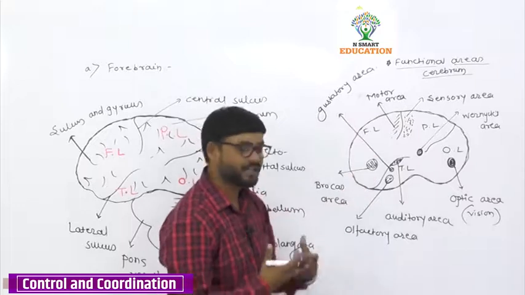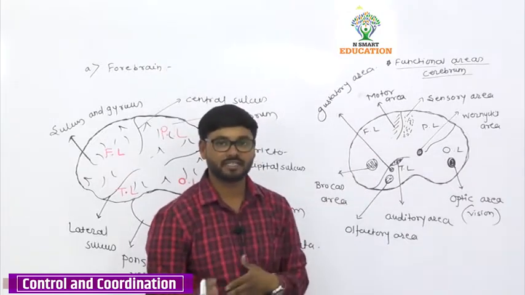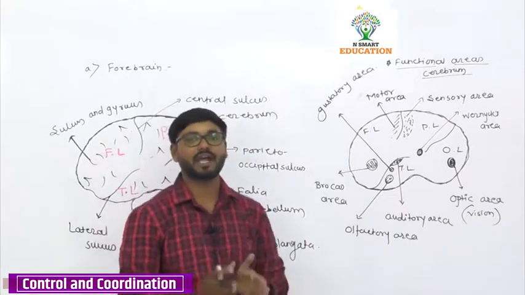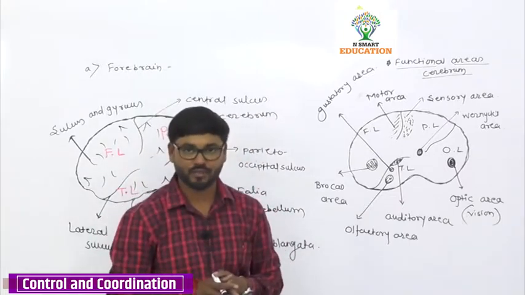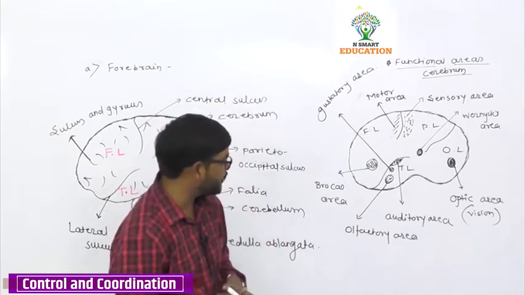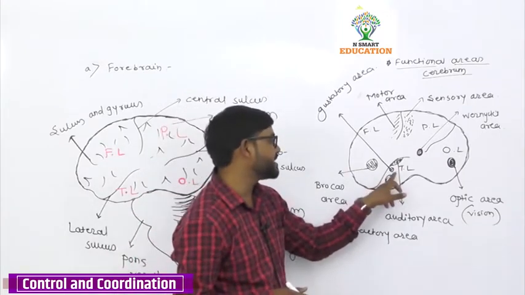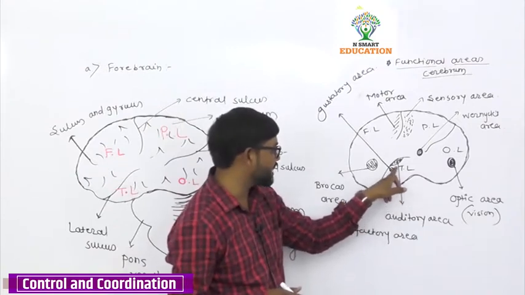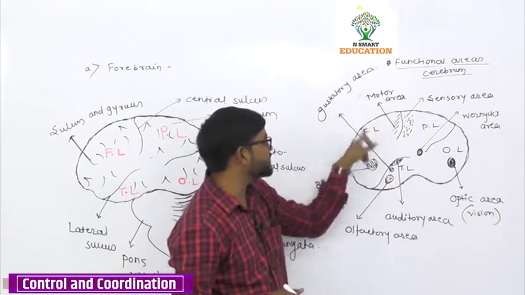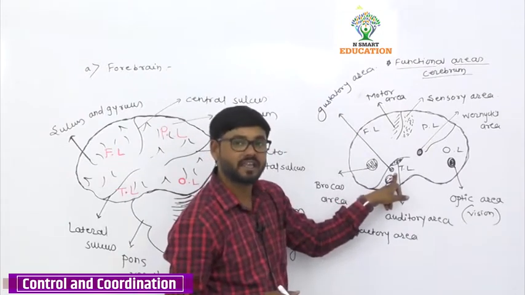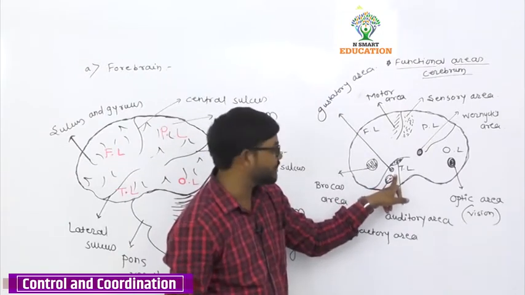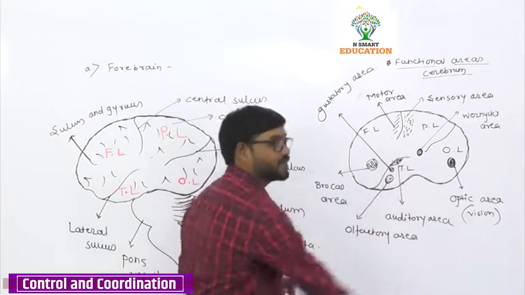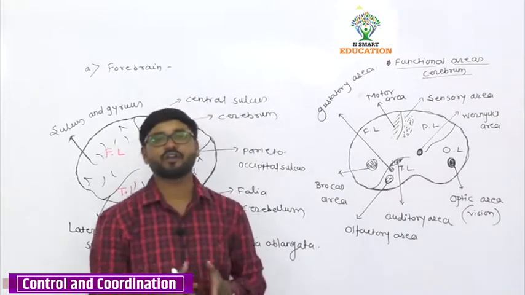There is a little confusion between HSC and NCERT, because NCERT is followed blindly. HSC says the gustatory area is present in the temporal lobe, that is this area. But NCERT says the gustatory area is present in the parietal lobe. So you should know where the gustatory area is according to HSC and according to NCERT.